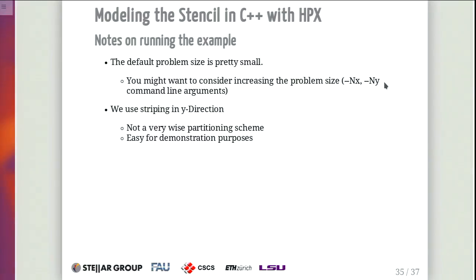In that example, we use, as mentioned, striping in the y direction. As mentioned, it's not the best partitioning scheme, but it's easy for demonstration purposes. If you do scaling runs, you might want to take that into account to not increase the boundary exchange size too much.